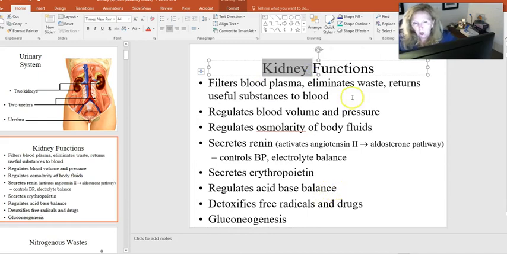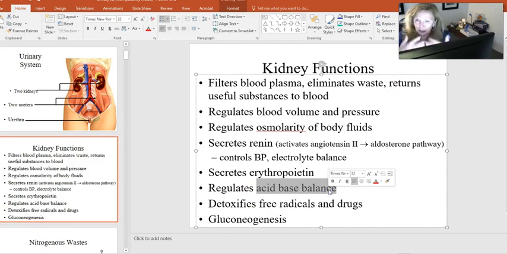Also, if you think about waste products and excess electrolytes, this plays a huge role in acid base. The kidneys, how much they're filtering, plays a huge role in our pH balance. We just saw in our respiratory system that you're breathing in and out at the rate that you are breathing to control that hydrogen ion concentration, which essentially means you're controlling pH.